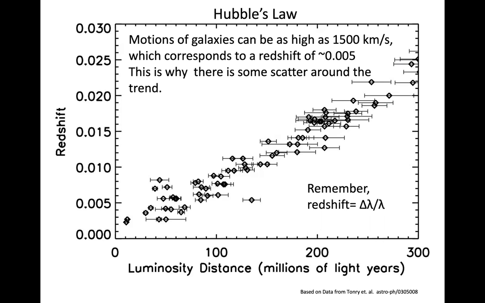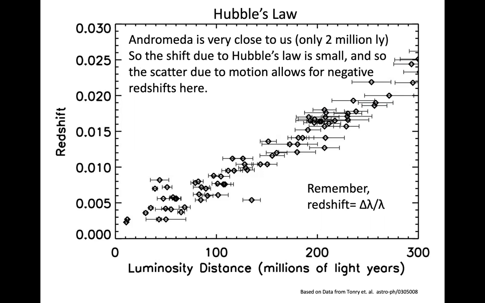But those are small corrections on top of this overall trend. As the redshifts get bigger and bigger, those motions just become a little bit of extra noise. And Andromeda is just close enough to us that that overwhelms the redshift due to cosmological effects, which would be very small.